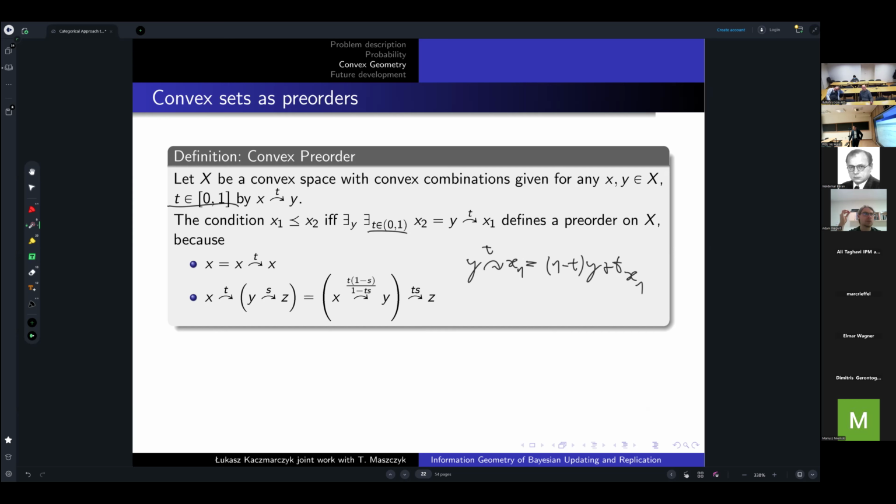And how about points in the interior? Are they all non-comparable? No, all points in the interior are equivalent. This is why this is a preorder. It's quite easy to see, because if you take a triangle and take one point here and one point here, then we can take a bit bigger interval that comes through both these points.